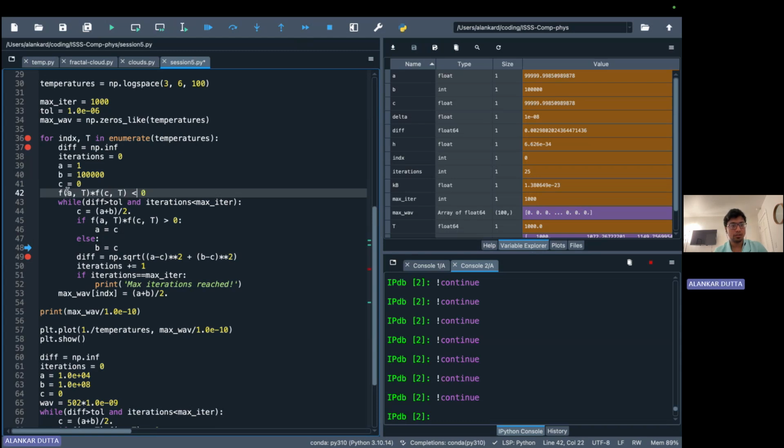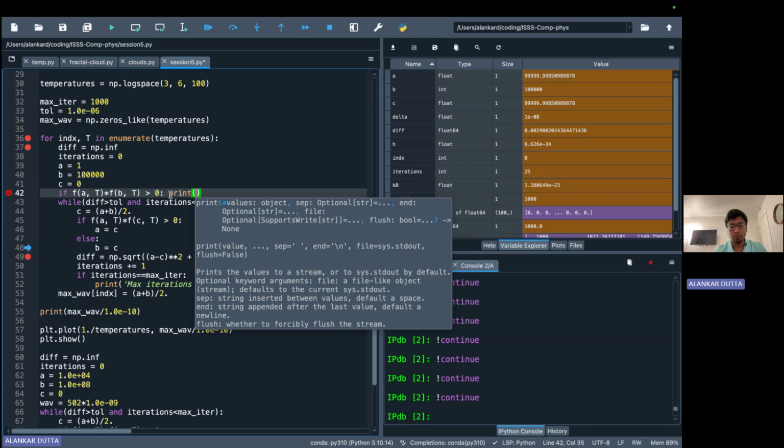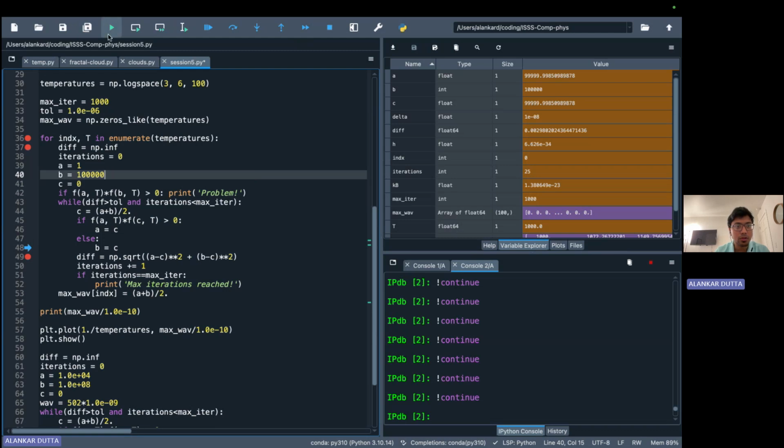If they are not, then it's a problem that we have not been able to bisect it. I mean, to start with, the initial guess is not on two different sides of the root, right?